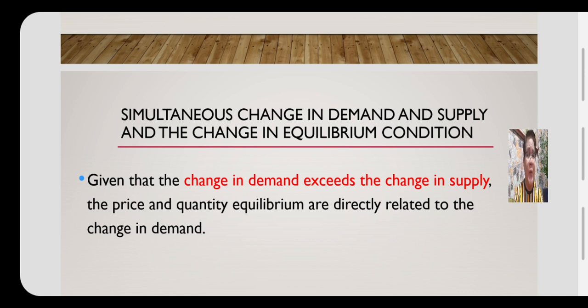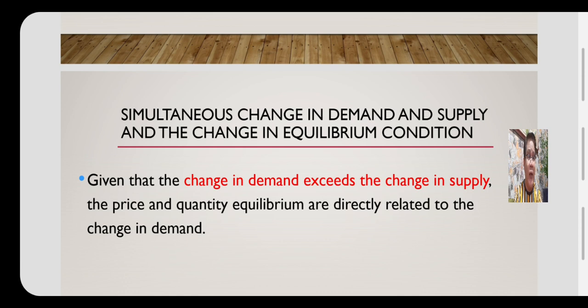So specifically, if we know the relationship between the demand and supply, we know that if the price of the commodity increases, the quantity demanded of the commodity decreases, and vice versa. But here we are not anymore talking about just the price, or the behavior of the particular buyer in the market.